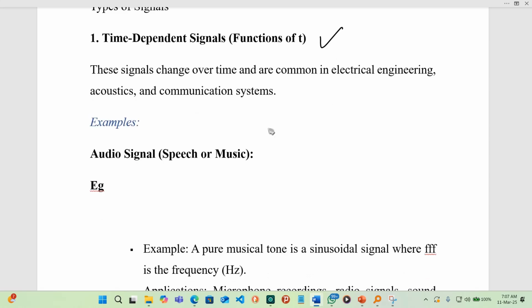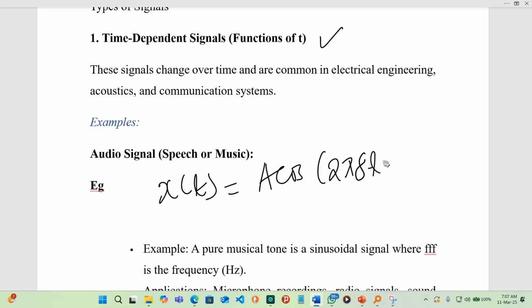You can see that with an audio signal, speech or music, you can have a signal represented by maybe x(t) = A cos(2πft + φ), whereby φ is just a phase angle.